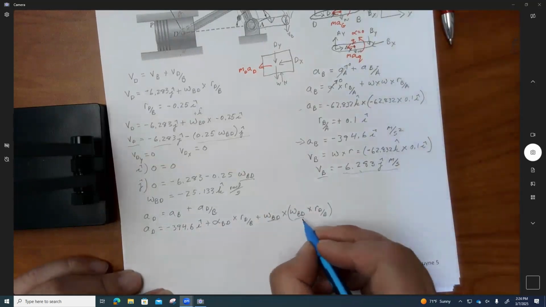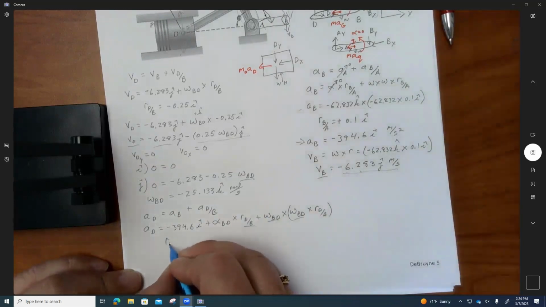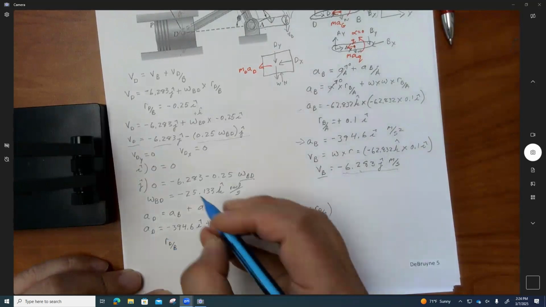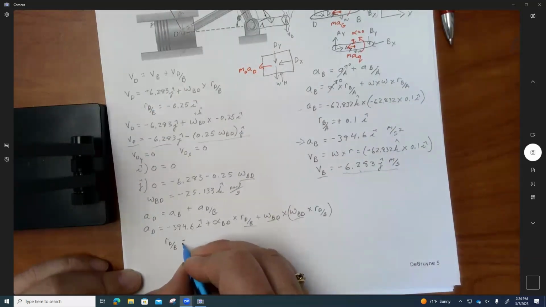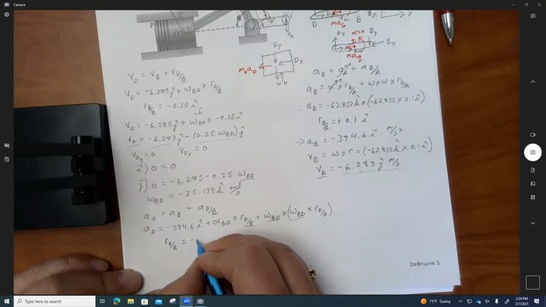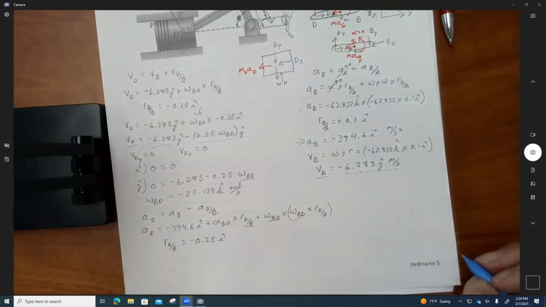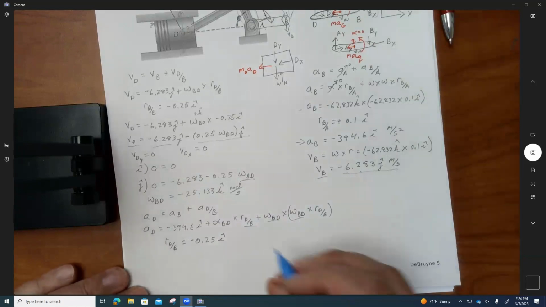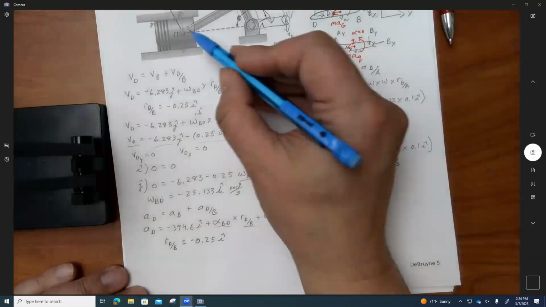Well, I know my angular velocity terms, and I can find the position vector of R of D relative to B. I guess I did that up here already, and that is going to be equal to minus 0.25 I. And then we can start plugging those values in to be able to find the acceleration and the angular acceleration for this rod BD.